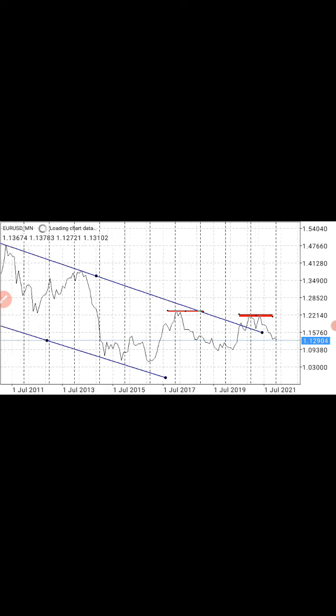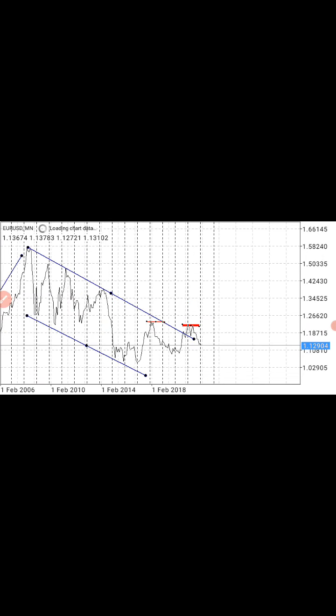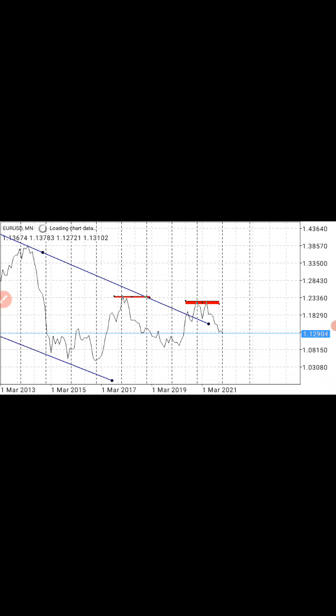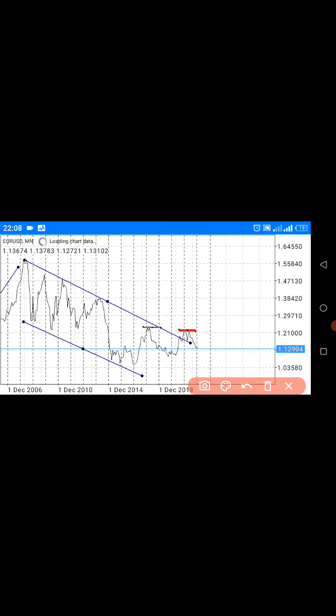Like for example, this trade now, we have the market structure that we are in a downtrend. First, we are in the downtrend, so we are expecting a price turn here, turning price here, turning price here. So we are expecting it until the breakout of this structure.